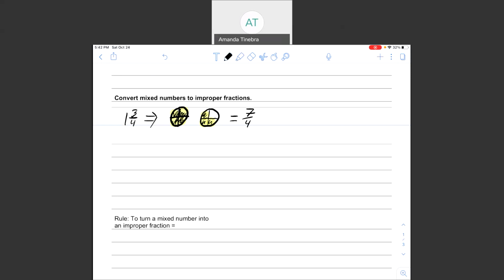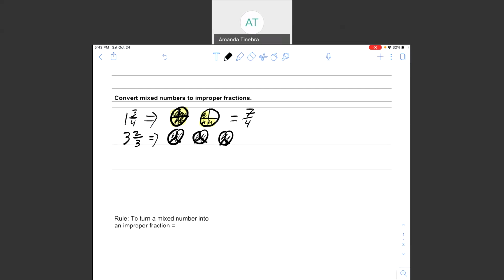Another example might be the number 3 2/3. If I was going to draw a picture of 3 2/3, well, I would have 3 wholes, and we'll just split these into thirds already, since the last number's in thirds. And here the whole thing is shaded in. Okay? But these are my thirds.